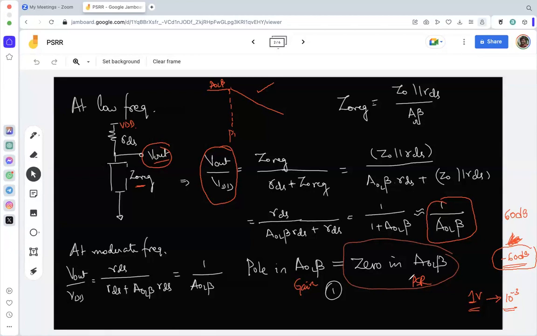Okay, so how does the curve look? Let me choose a different color just for the discussion. If the pole is here, the PSR plot was something like this, which was minus AOL beta, right? At this point it starts to rise, because the 0 here will give you plus 20 dB per decade.